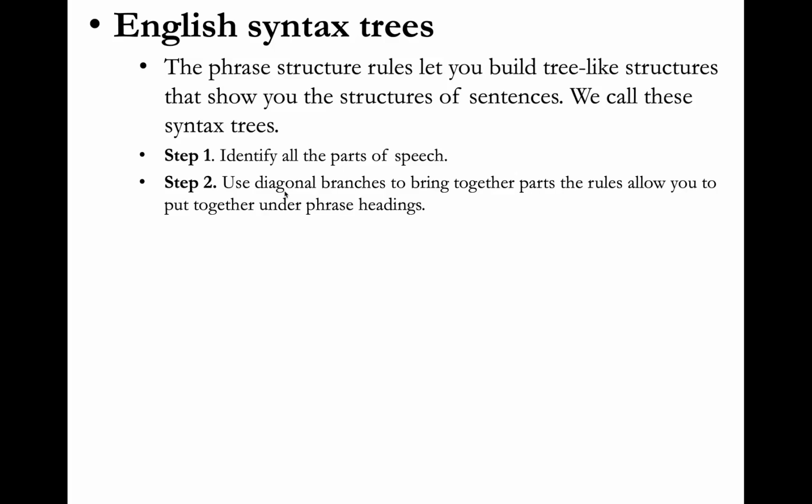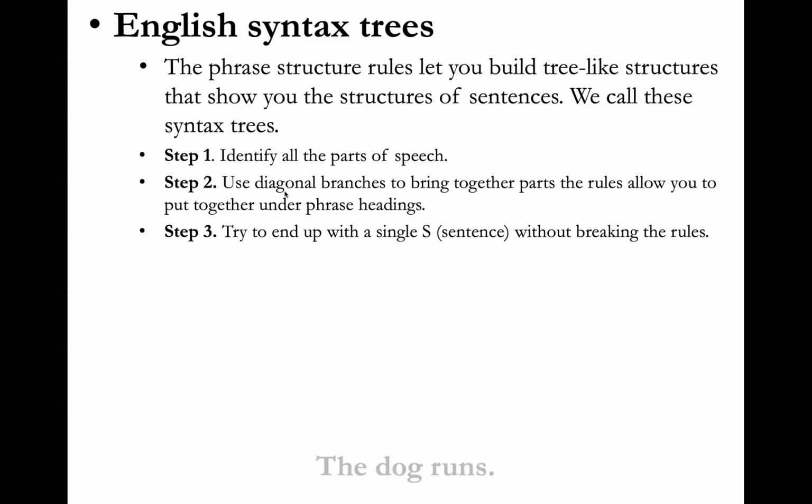So I've definitely got a verb phrase in here somewhere. And you have to think about what kind of verb phrase you have, and then put it together. And your goal in building one of these English syntax trees is to end up with a single sentence without breaking the rules, unless what you have is not a sentence, in which case it's not going to work.